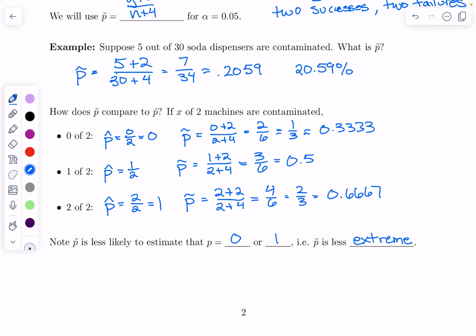We saw that with the soda dispensers that were 16.67% infected, and now p tilde is pushing it a little closer to 50% with 20.59% infected. So what I'd like to do is create confidence intervals around these proportions. And in order to do that, we have to have a notion of standard error.